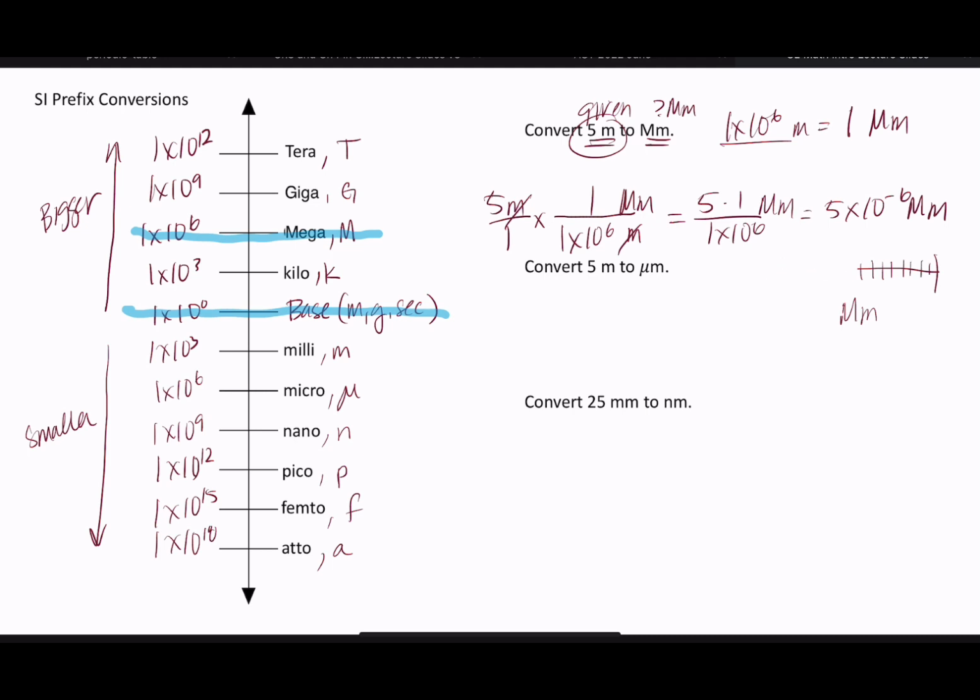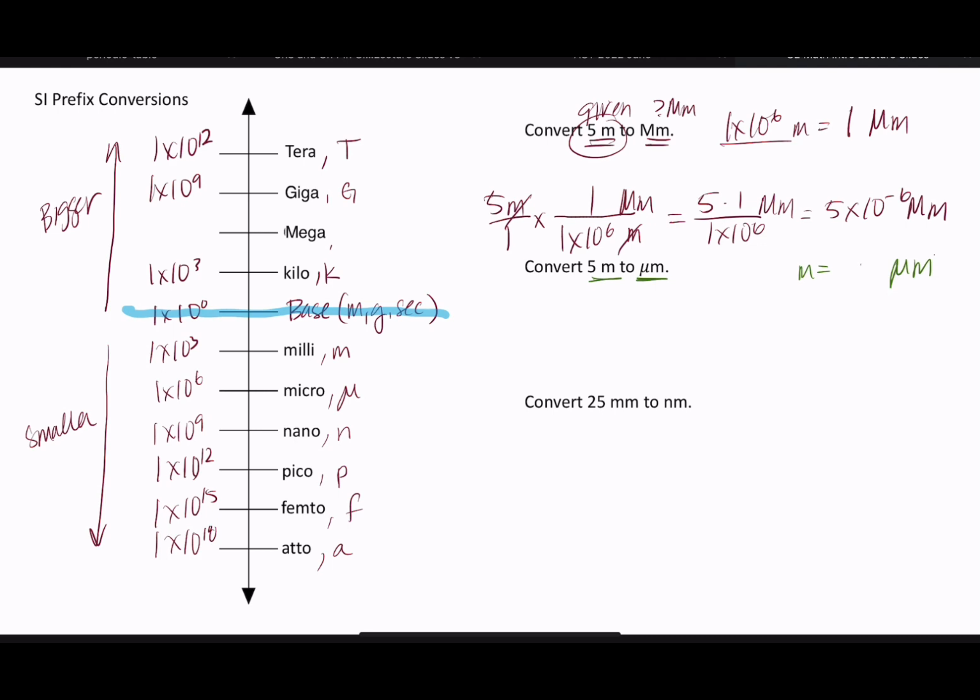All right. Next up, it says that we are going to convert meters to micrometers, right? So that means we've got to come up with a relationship between meters and micrometers. So just like last time, we will go to the table and find, that's fine.